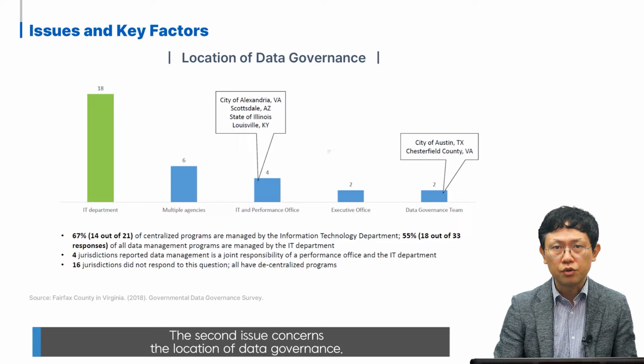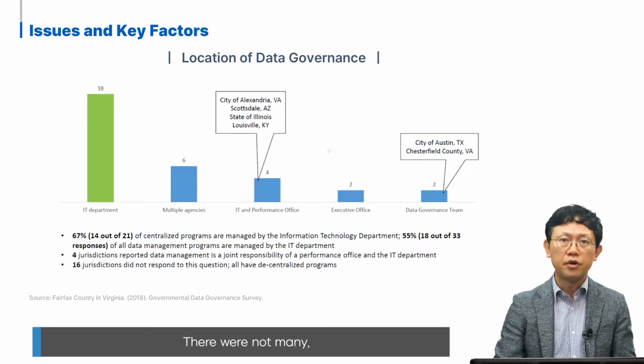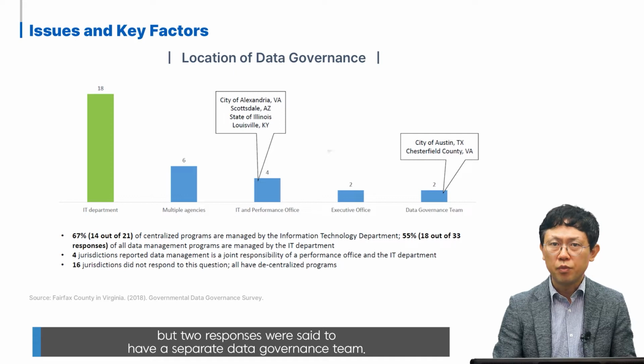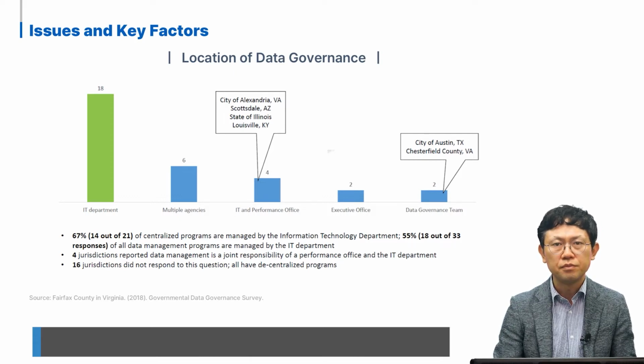The second issue concerns the location of data governance. IT departments show the highest with 18, followed by multiple agencies with 6. There were not many, but two responses were to have a separate data governance team.